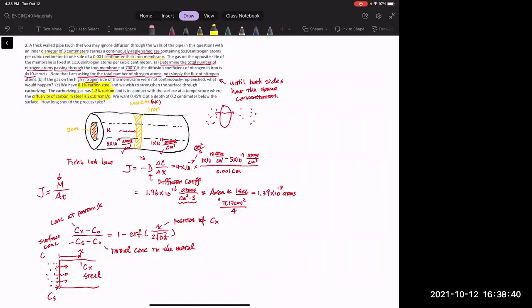So just by looking at this statement, what kind of information do you have? What does the 0.1 mean? So 0.1 is the initial concentration. The 1.2 is the surface concentration because it's in contact with the surface. So this one is 1.2.